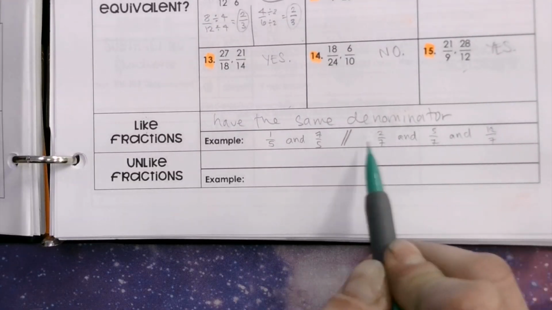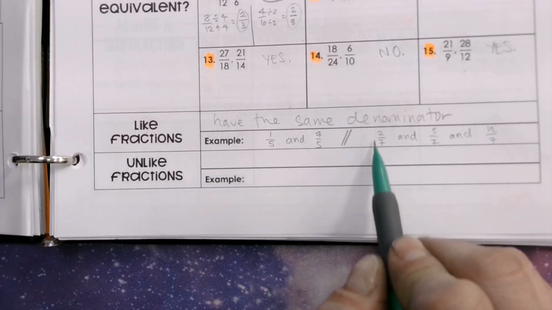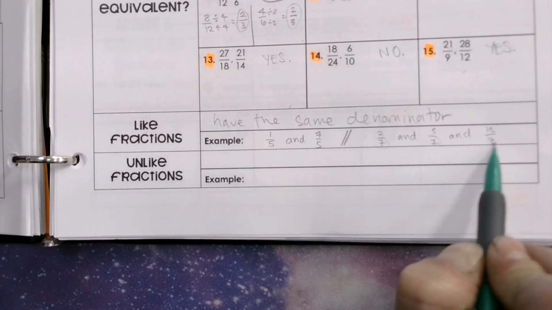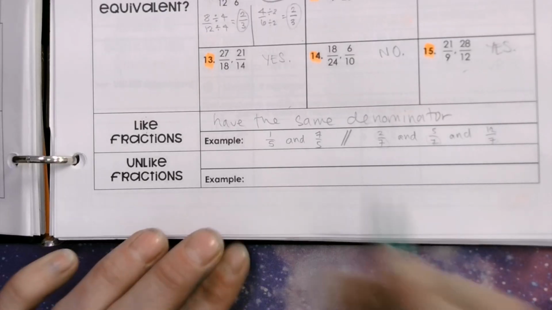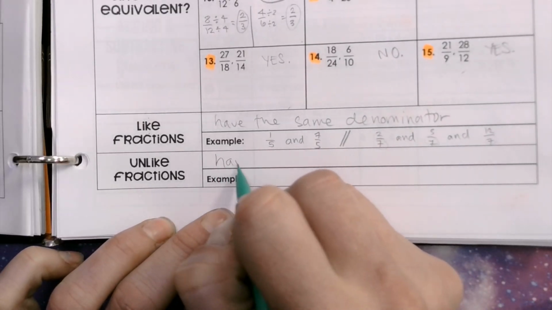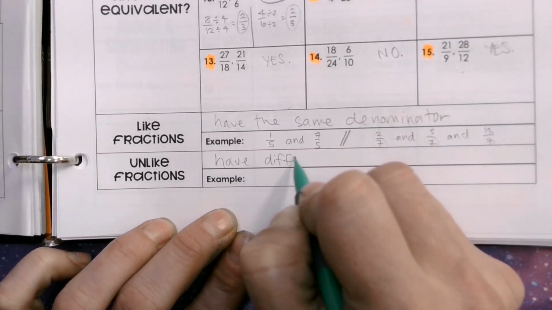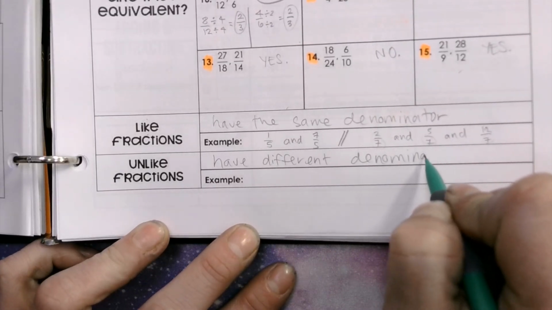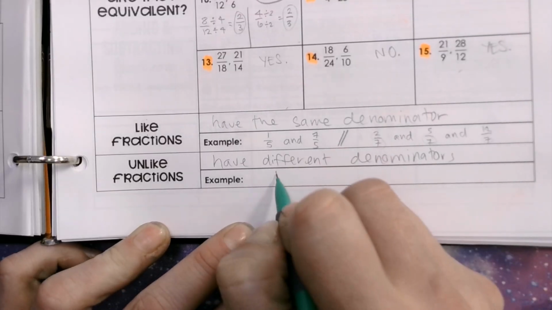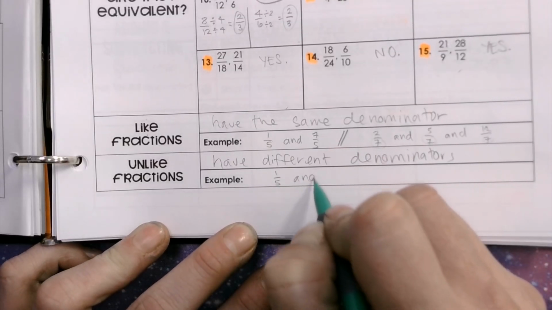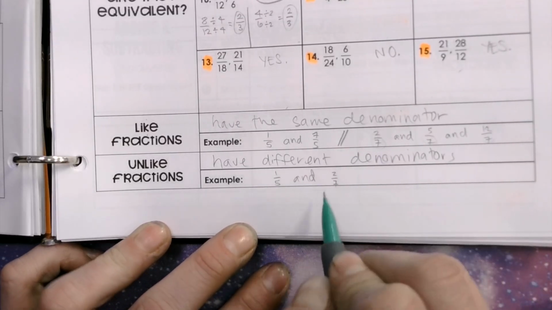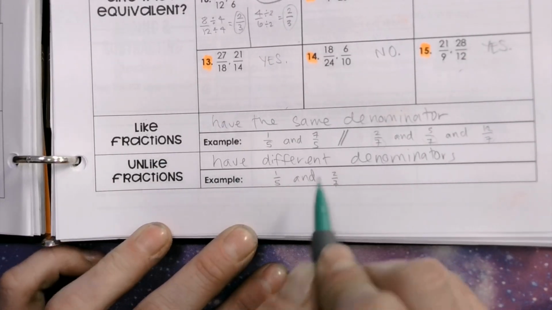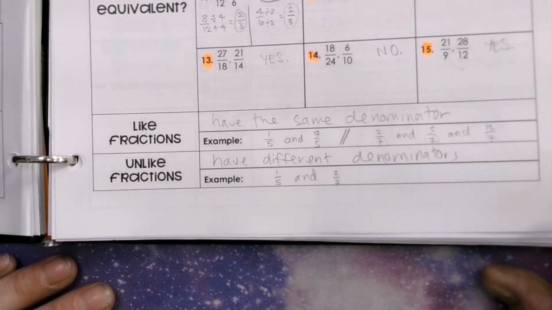Those three fractions are alike because they have the same number on the bottom. Unlike fractions have different denominators, right? So 1/5 and 2/7 are unlike, not alike.